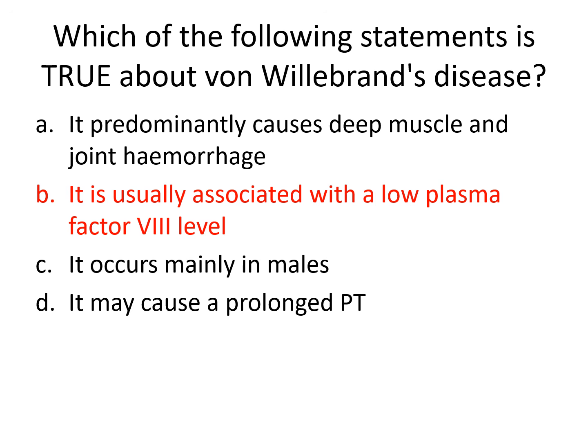And it predominantly causes deep muscle and joint hemorrhage. Why? Besides the fact that it has a platelet problem, it also has a clotting factor problem because it is a carrier of factor VIII. Accordingly, with deficiency in von Willebrand factor and subsequently factor VIII, we can get deep muscle and joint hemorrhage.